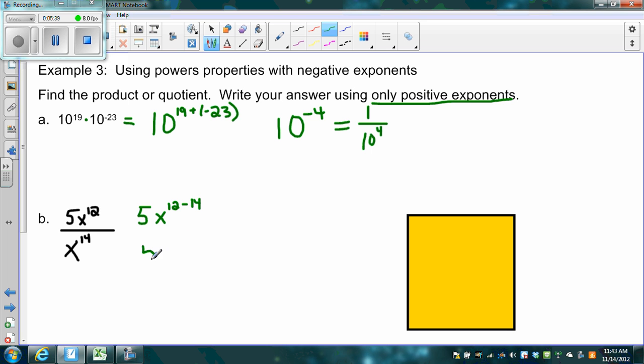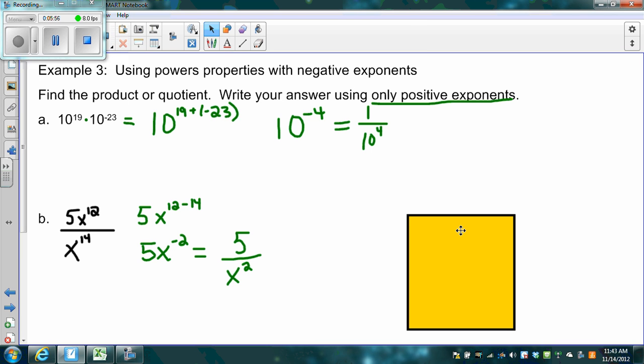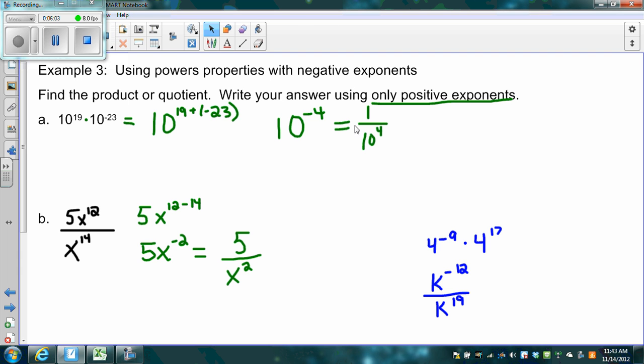In this case, we end up with 5x to the negative 2, but we don't want this negative exponent. So we can rewrite that as 5 stays on top over x squared. So that's how you would do it to make sure that you have only positive exponents. So following those same rules, keeping only positive exponents, try these following two problems.